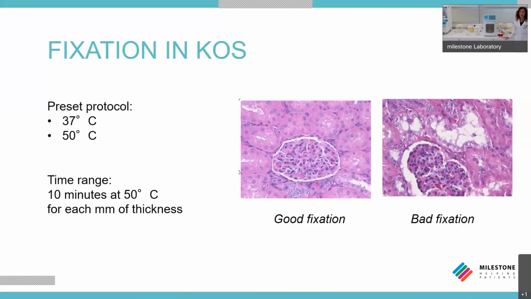The microwave time required for each millimeter of thickness is about 10 minutes at 50 degrees. Thanks to COS, I can accelerate fixation times, obtain complete fixation, and standardize fixation even in heterogeneous batches. You can clearly see the difference between good and bad fixation in the picture.